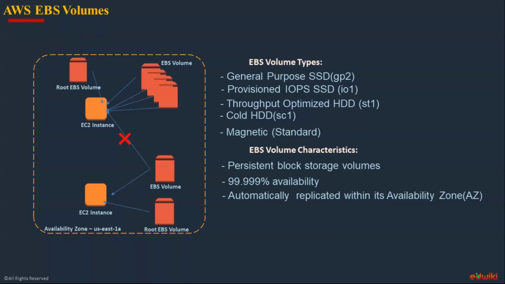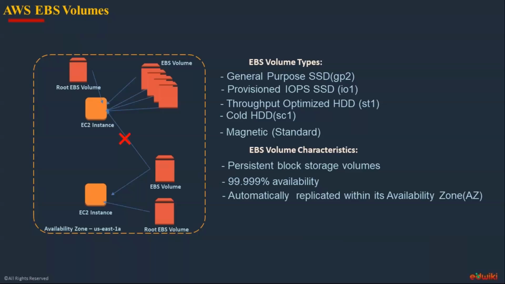It is automatically replicated within its availability zone, in the sense that, let's say I ask AWS, hey, can you give me a 10 GB volume? What does AWS do? AWS will give you a 10 GB volume. You use it for storing your 10 GB data.